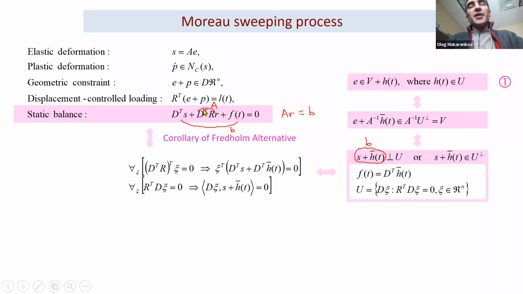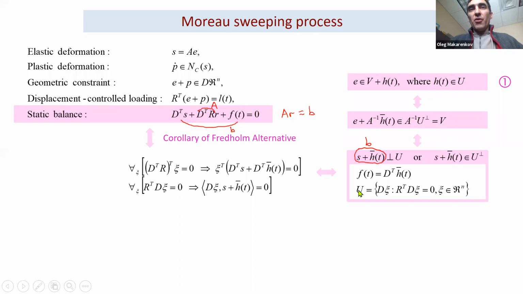The little f can satisfy this equation. This little f is the stress-controlled loading stresses. Since little f satisfies this equation, this little f must be of this form, D transpose, some algebra, just algebra. But most importantly, this term here is restricted. It must be perpendicular to a certain space, capital U, coming from the Fredholm alternative.